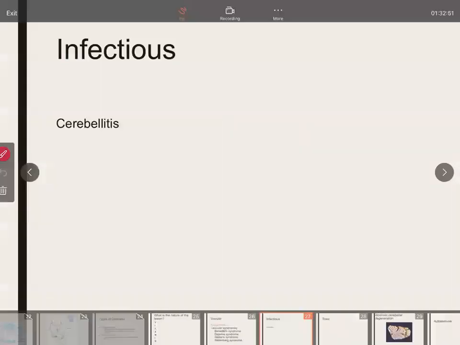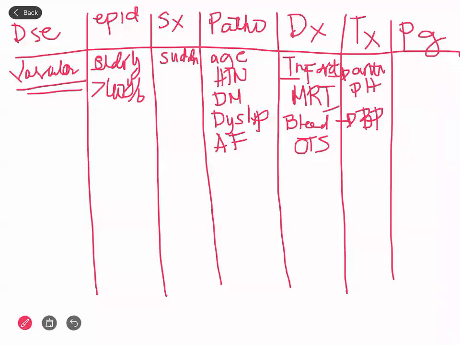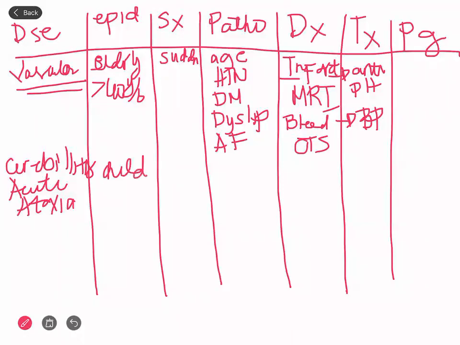Number 2 is infectious. The most common here is cerebellitis. Of course, cerebellitis is inflammation of the cerebellum. Cerebellitis is also known as acute ataxia among childhood, so more commonly they are seen among children.